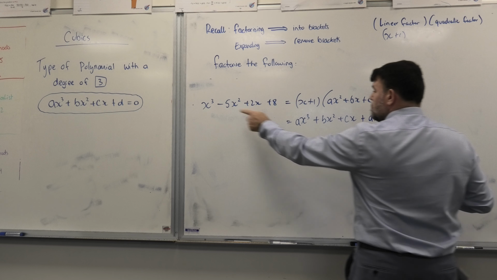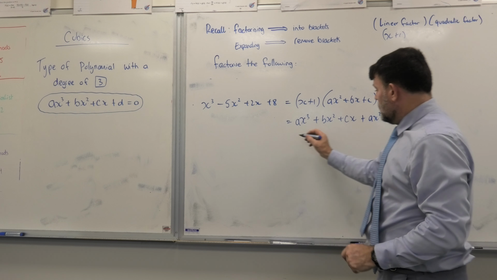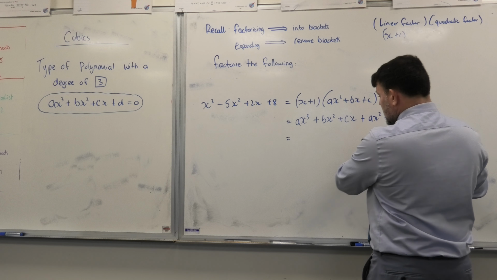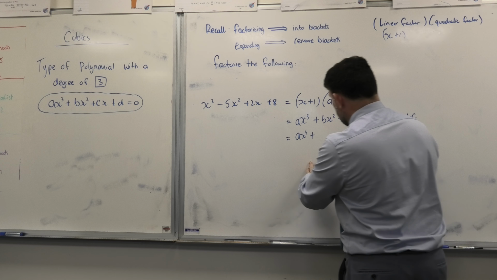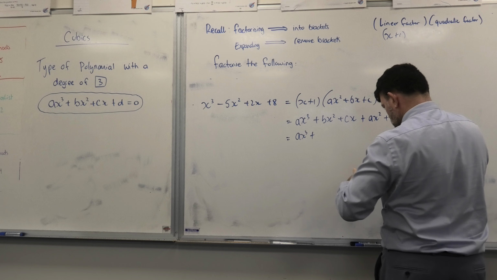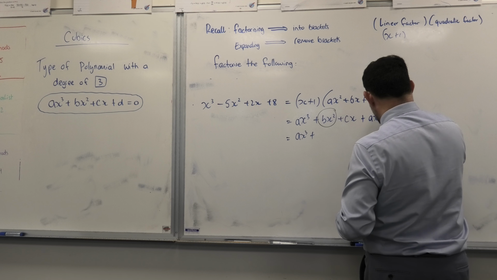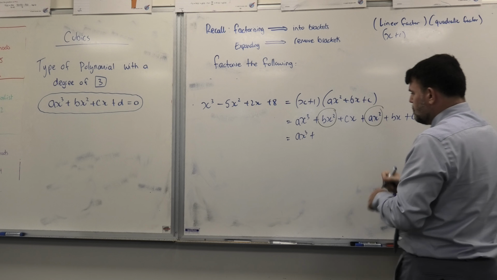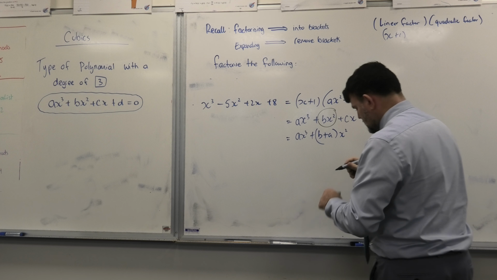I've got my x cubed, so it looks like I'm getting the right point here. Let's now simplify it by collecting any terms. Well, ax cubed will stay by itself, plus I've got bx squared here and ax squared here, so I can put those together: (b plus a)x squared.